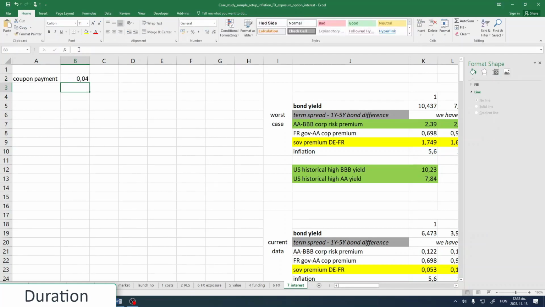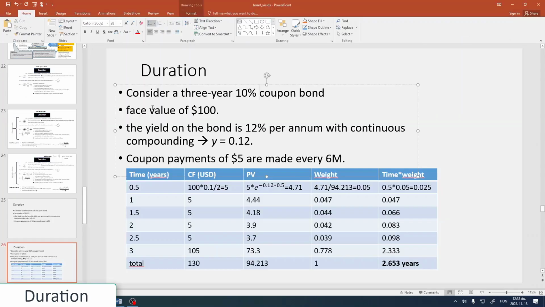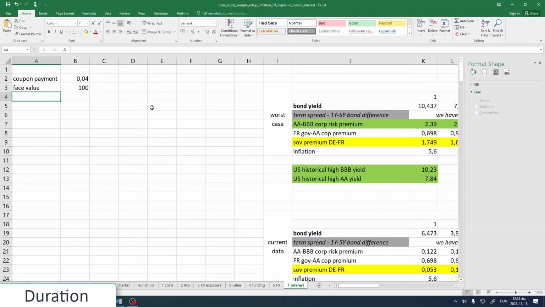204. Okay, face value for each bond 100. We don't want to complicate things, because at the end of the day it doesn't matter, we just need it for calculations. So yeah, it could be 1. Also, the yield of the bond with continuous compounding is this fixed number. Obviously we don't have a fixed number here, we have everything for years. So 0.5.